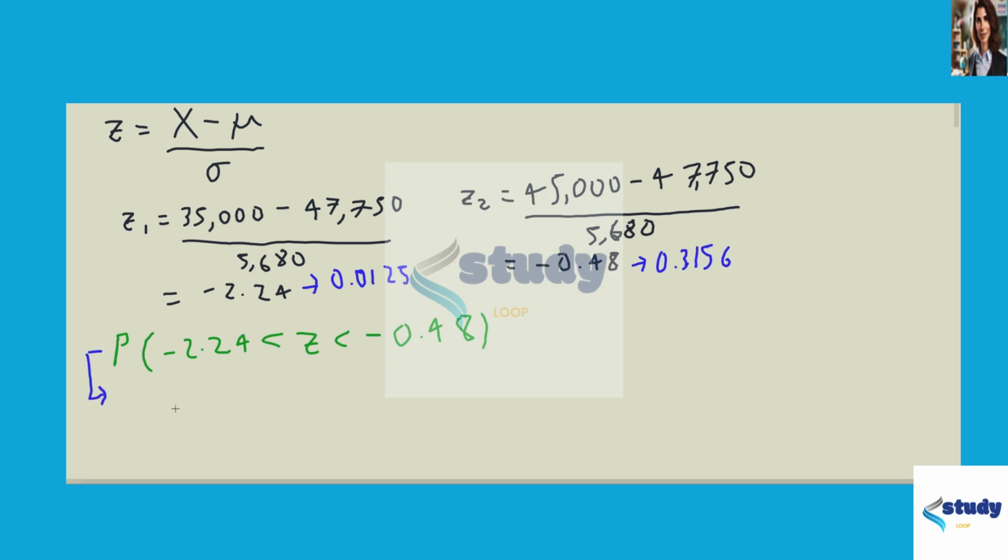We can then rewrite this as the probability that Z is less than negative 0.48 minus the probability that Z is less than negative 2.24.